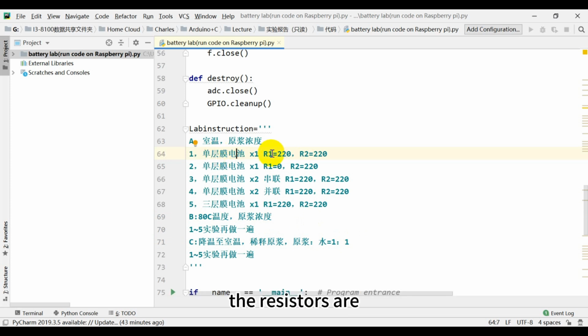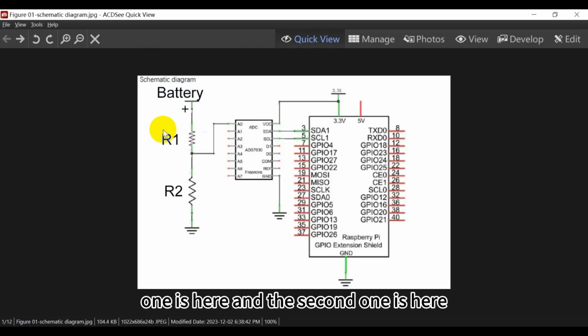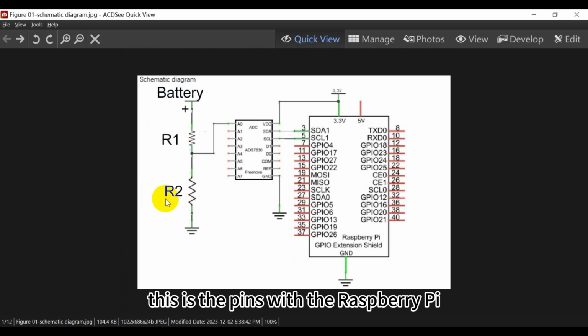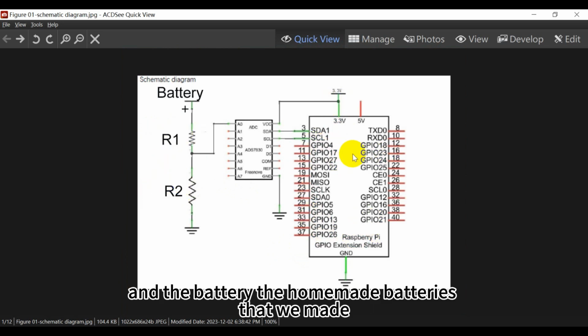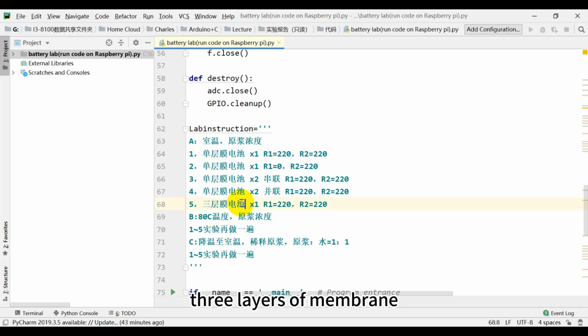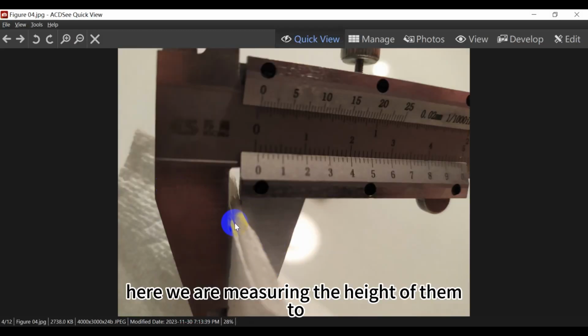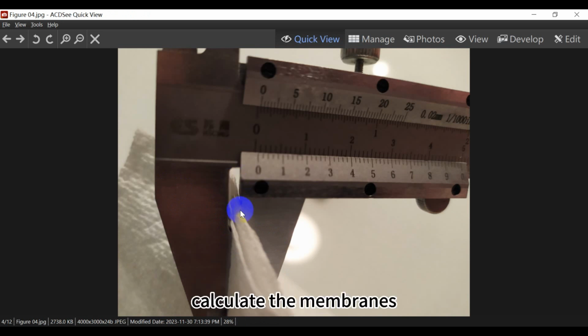The resistors are over here. One is here and the second one is here. This is the pins for the Raspberry Pi, and the homemade batteries that we made are here. And here, when there are 3 layers of membrane, that would mean 3 layers of paper towel. Here we are measuring the height of them to calculate the membranes.